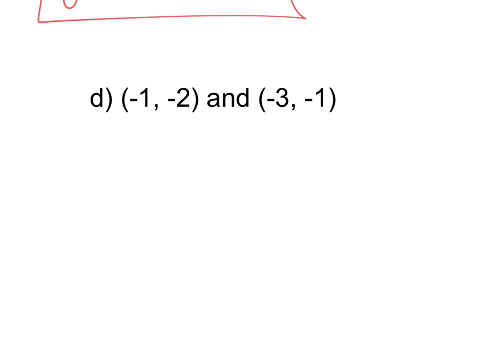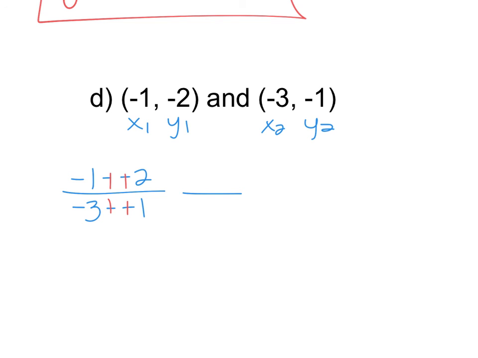All right, last one. Negatives for days. x1, y1, x2, y2. So I have negative 1 minus negative 2 over negative 3 minus negative 1, plus positives. Negative 1 plus 2 gives me 1.